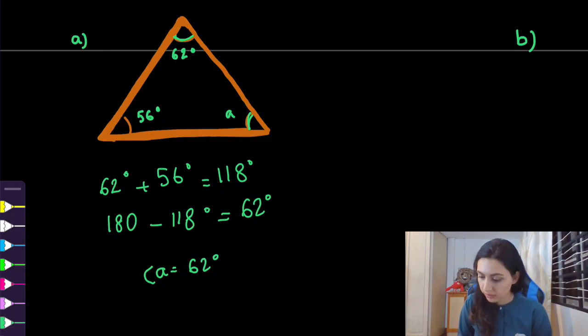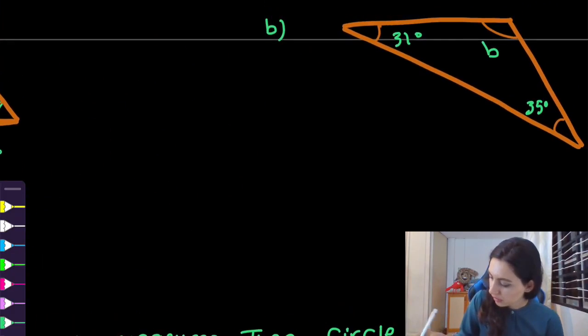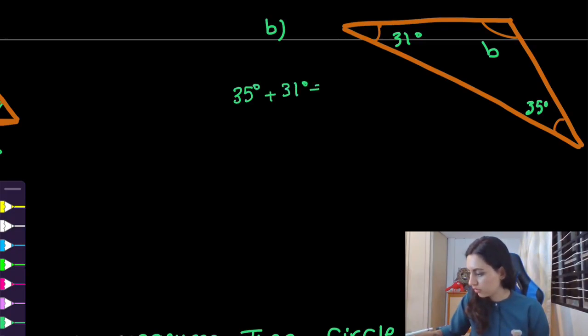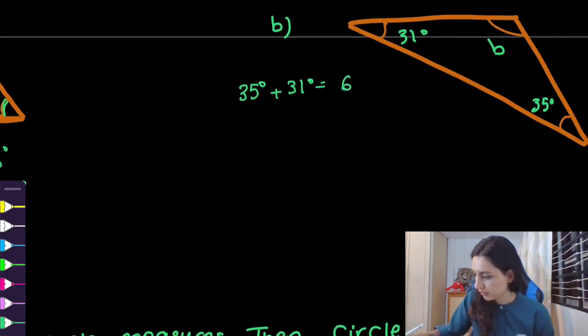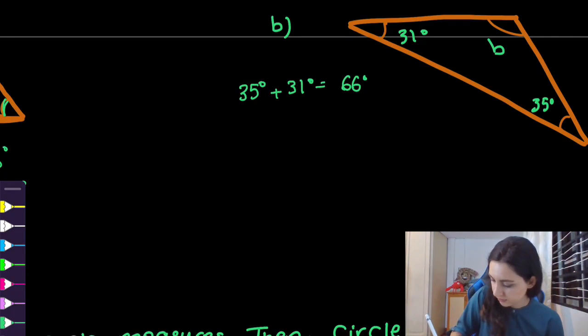Okay, let's do B. We have 35 and we have 31. So we say 35 degrees plus 31 degrees, which is 66. Then we say 180 minus 66, which is 114.